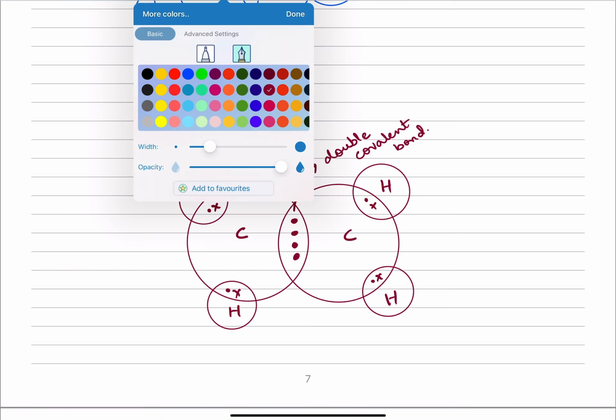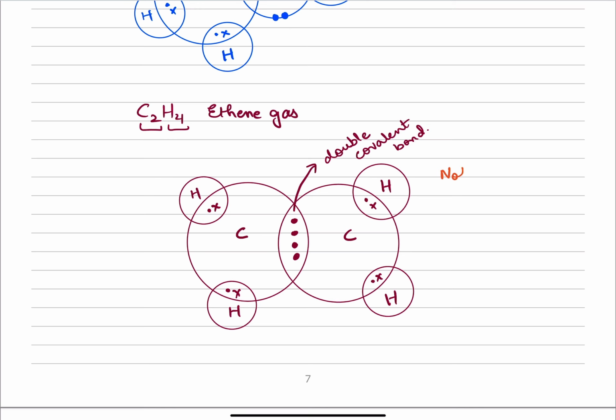Now we'll write a note over here. It's a single covalent bond if 2 electrons are shared. It's a double covalent bond if 4 electrons are shared.